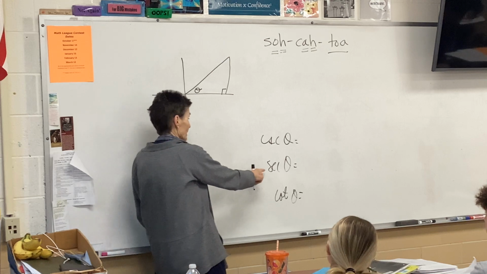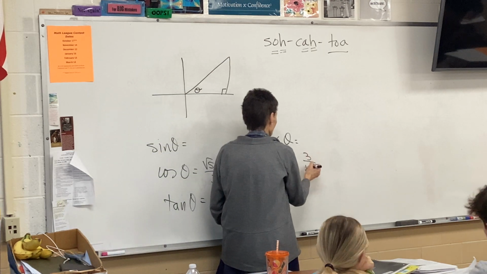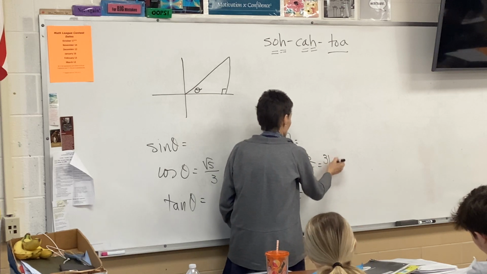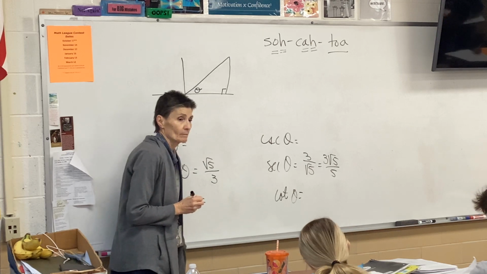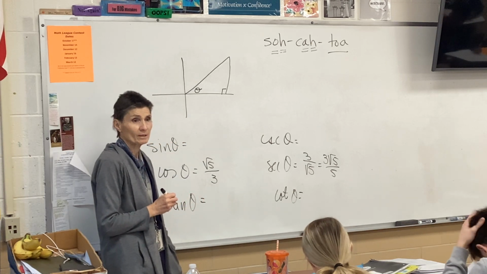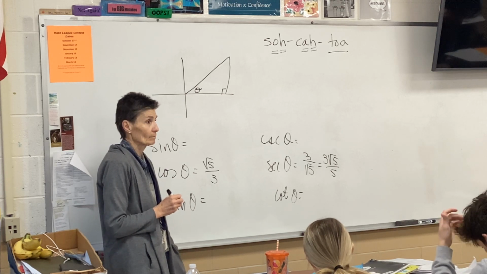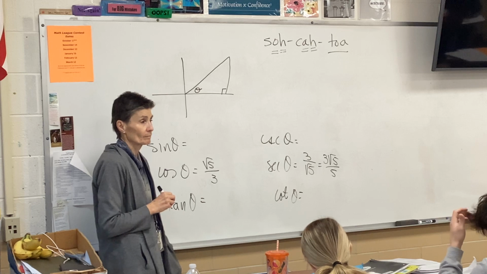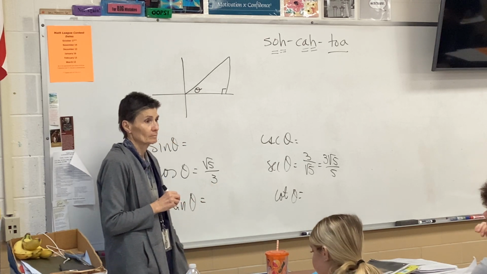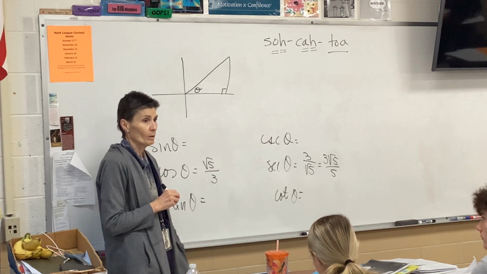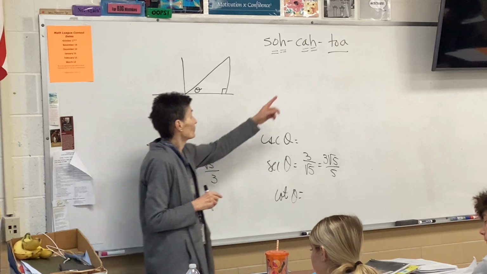What does that mean about secant? It's 3 over root 5, or 3 root 5 over 5. What about all the rest of them now? What am I going to do? Who remembers? What's the definition of cosine?